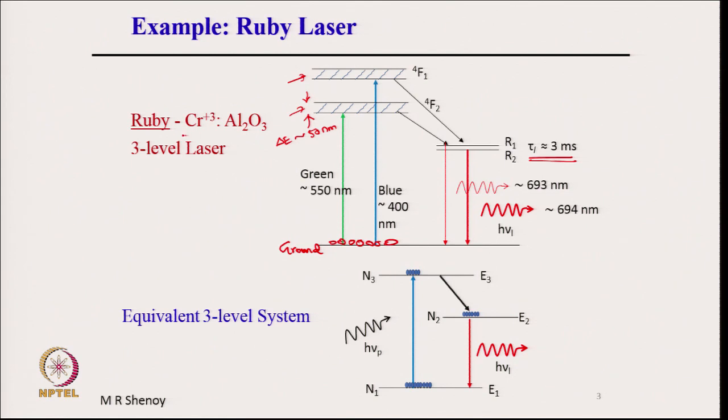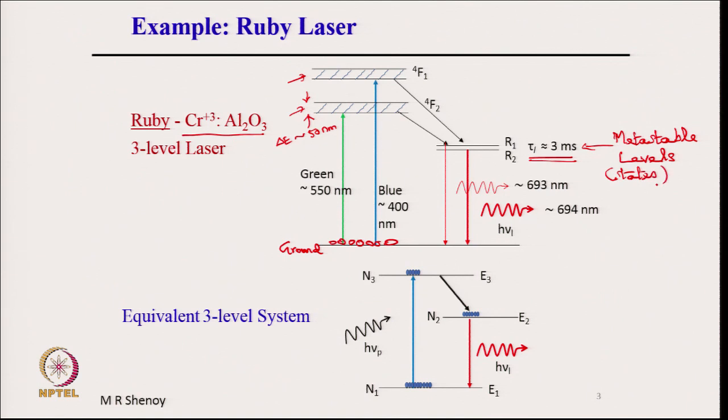Ruby is a chromium doped alumina crystal, which has these levels. The levels which have a long lifetime are called metastable states.